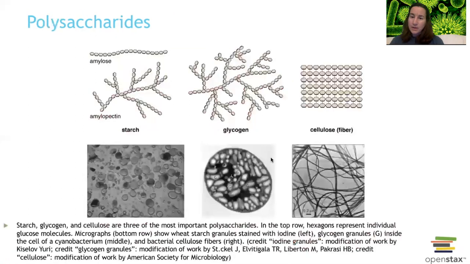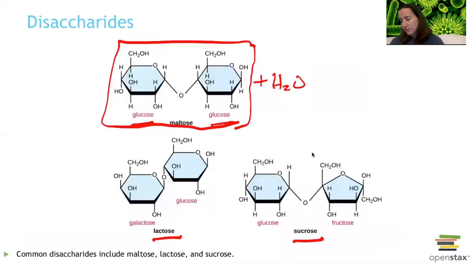Moving on up to where we've got a couple hundred of these things, and these are polysaccharides. Every time these things are bound, when we talk about dehydration synthesis for sugars, these are called glycosidic bonds.